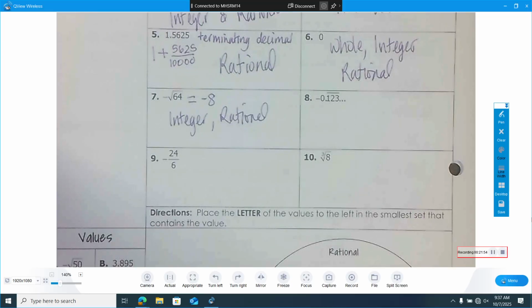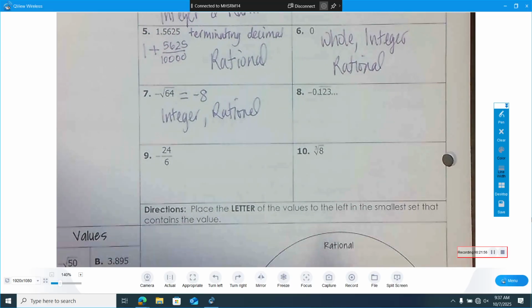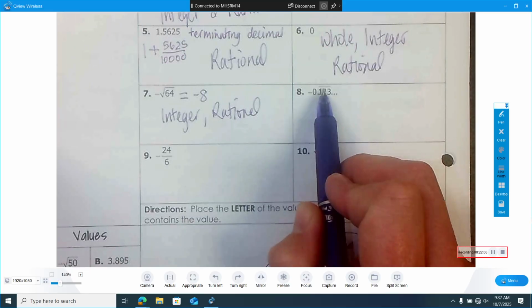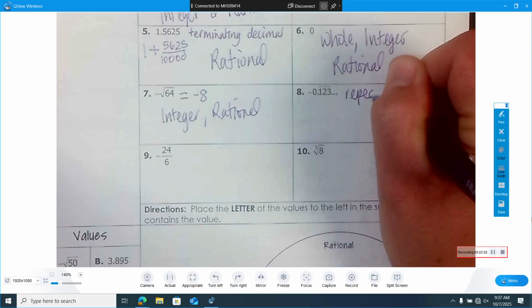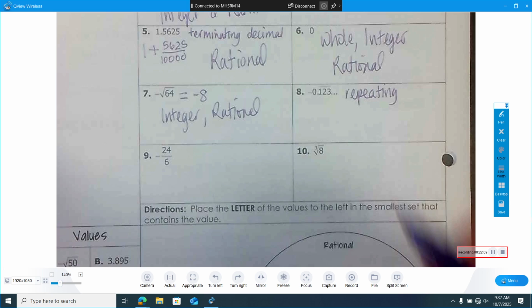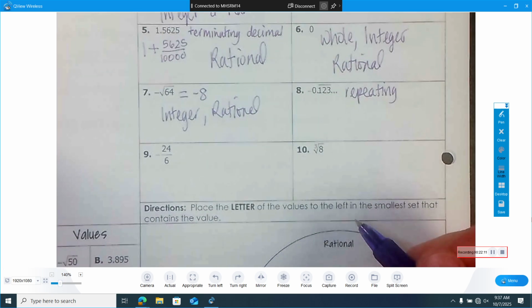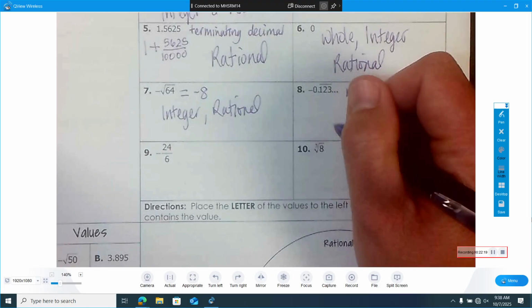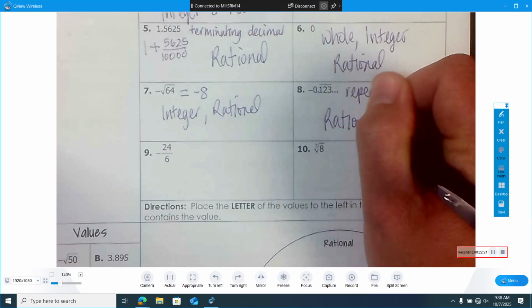All right. And what's this bar mean? Repeating. And if it's a repeating decimal, what is that? Rational. Repeating, it's got a pattern. It's got a lovely repeating pattern. So that can actually be a rational fractional number.